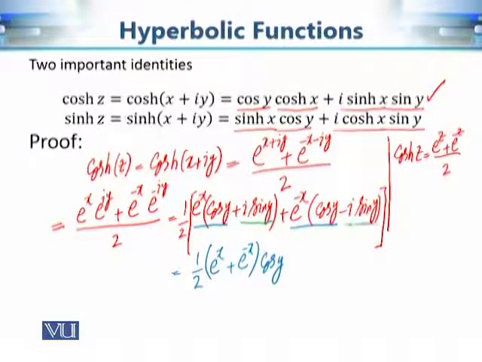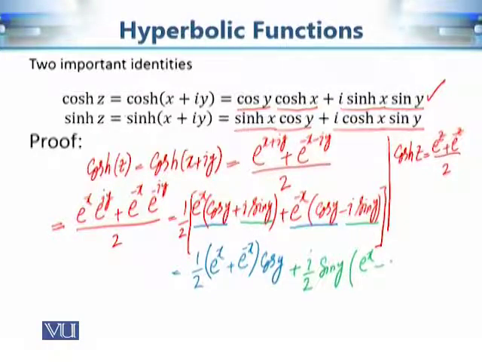Once again plus 1 by 2, and in fact iota is common, so iota by 2, and sine y is also common, and then e raised to power x and e raised to power minus x, but with a minus sign between them, divided by 2.